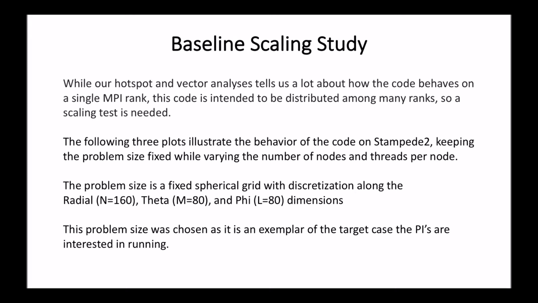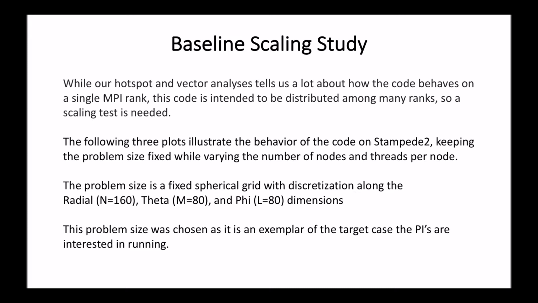So the problem we've chosen is the fixed spherical grid with a discretization of 160 grid lines along the radial dimension, 80 grid lines along the theta dimension, and 80 grid lines along the phi dimension.